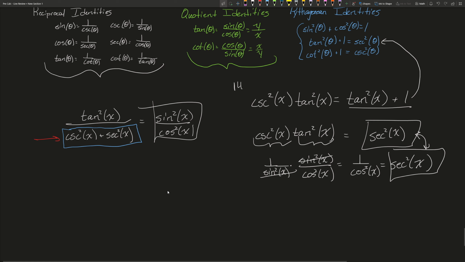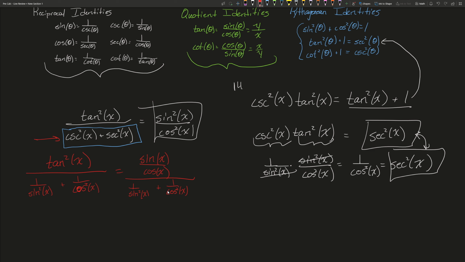So really, if we wanted to, instead of doing it like I did, we can rewrite this entire thing like this.